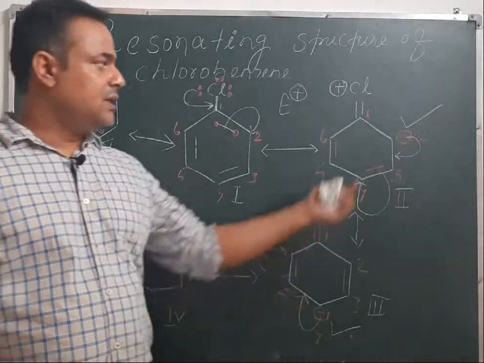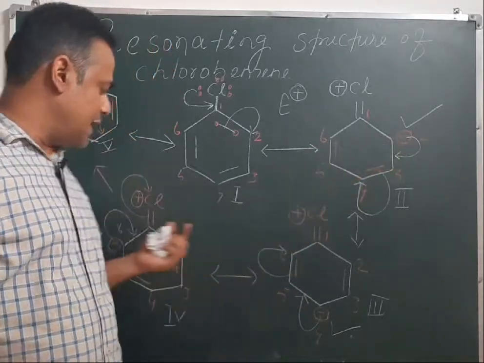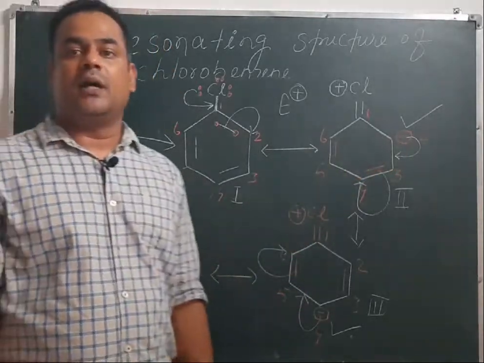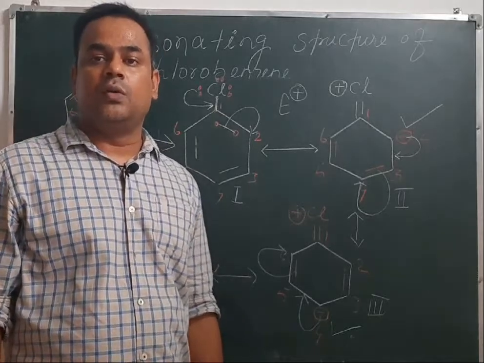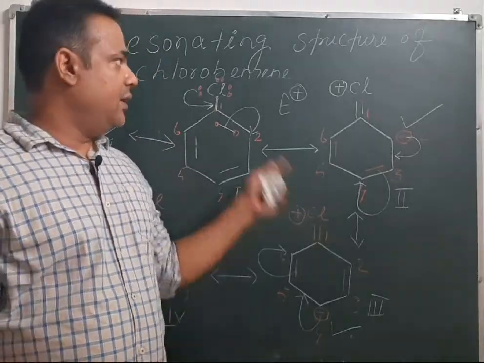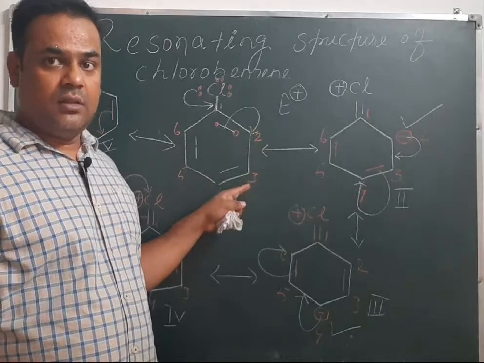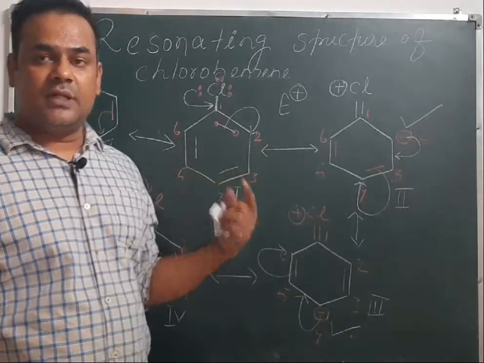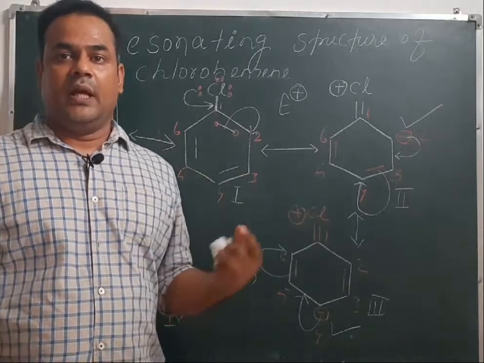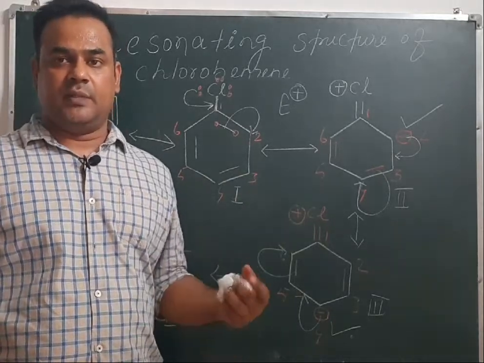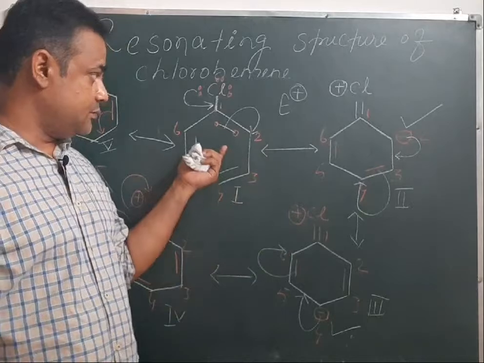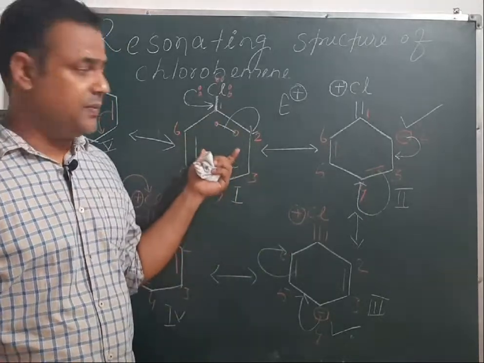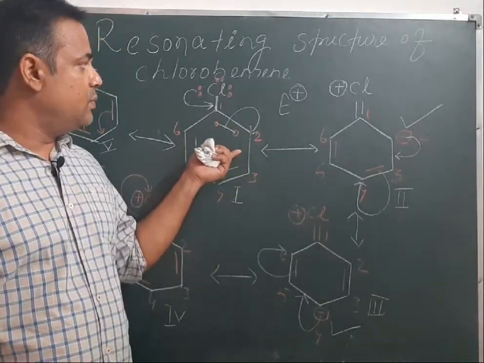Now if we see, carbon number 2 and carbon number 6 are both the same position, called ortho position, in any substituted benzene compound like chlorobenzene, in which one hydrogen of benzene is replaced by another functional group.